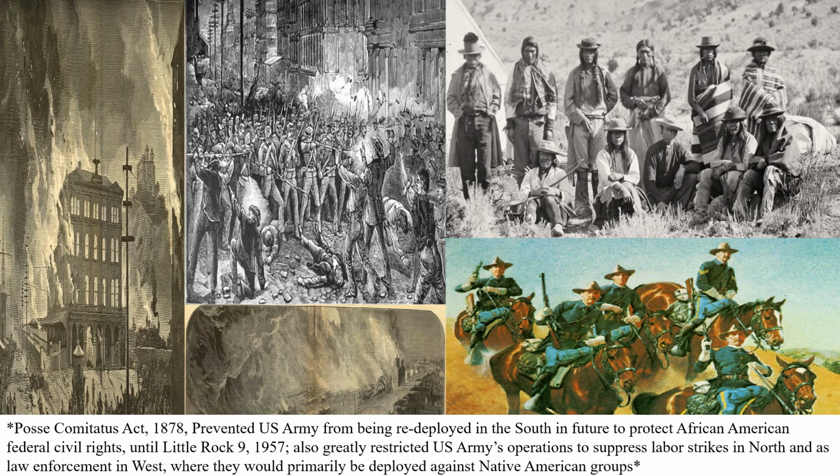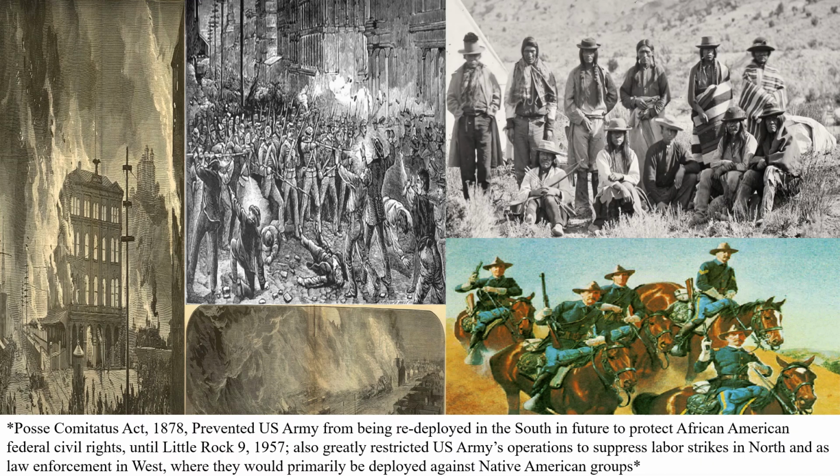And Reconstruction is happening out in the West as well. The West is being conquered, integrated. It's being settled by white Americans. Native Americans are being forced off of their lands. Their reservations are being shrunk. Treaties are being violated.